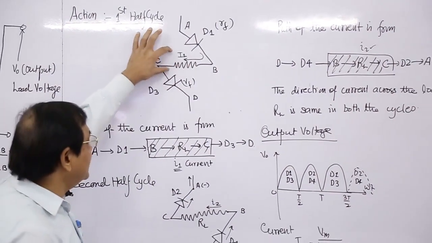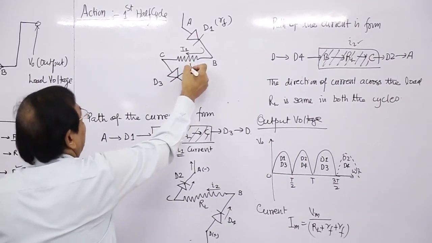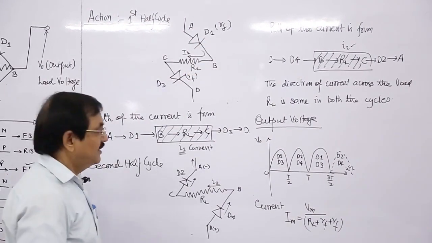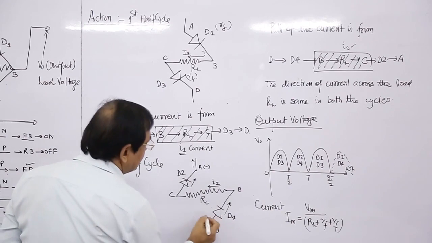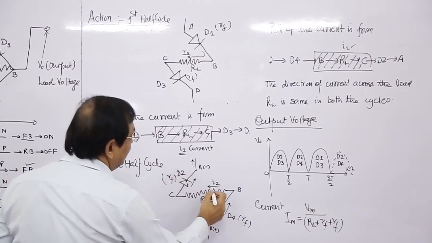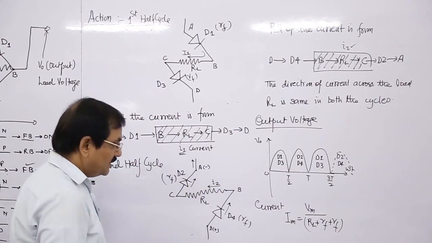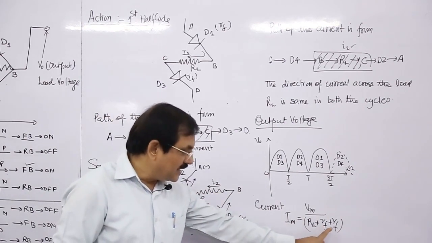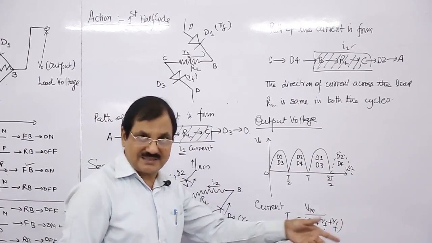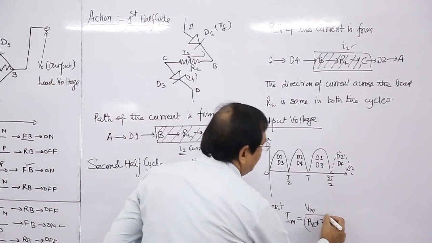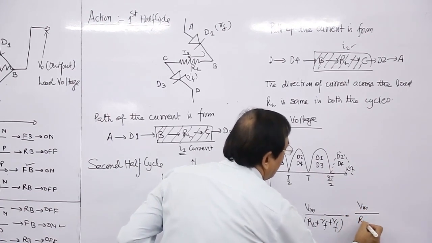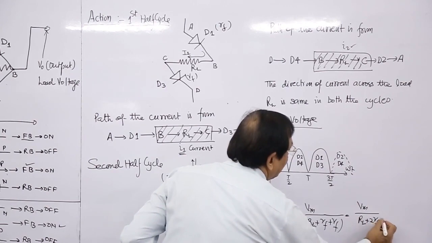So there is one load resistance RL and two diode resistances. This part is RF, this part is RF, and here it is RL. So in both cases, two diodes correspond to 2 RF forward bias resistance. So we have Im equal to Vm upon RL plus 2 RF.